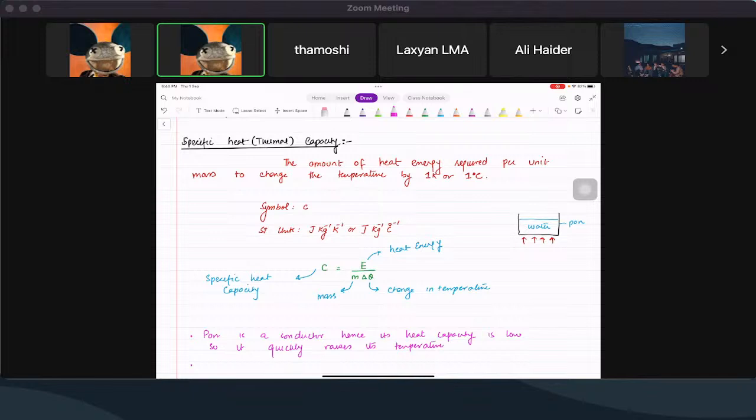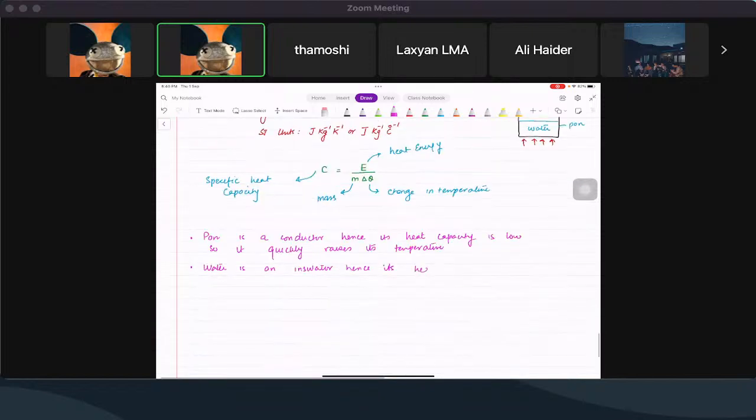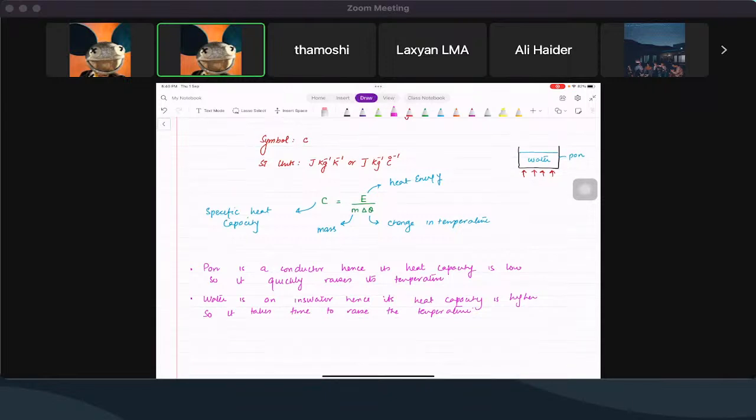But water is an insulator, hence its heat capacity is higher, so it takes time to raise the temperature. Is it clear, everybody? So heat capacity basically means how much energy you need to bring a change of 1 degree of temperature in 1 kg of mass. Is it clear, everybody?